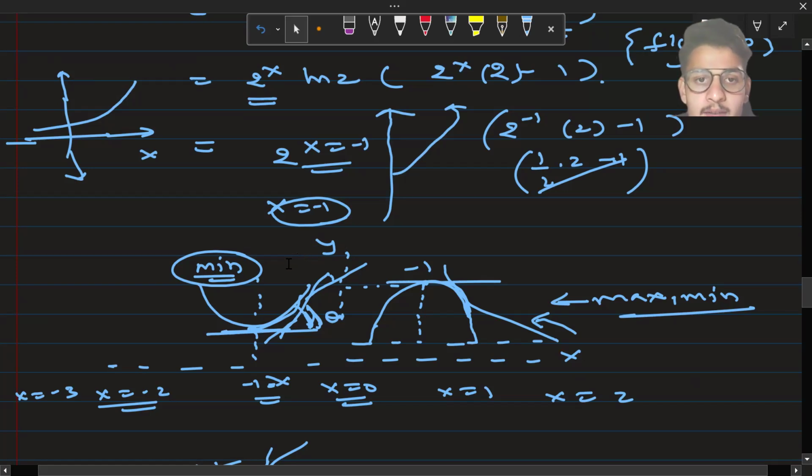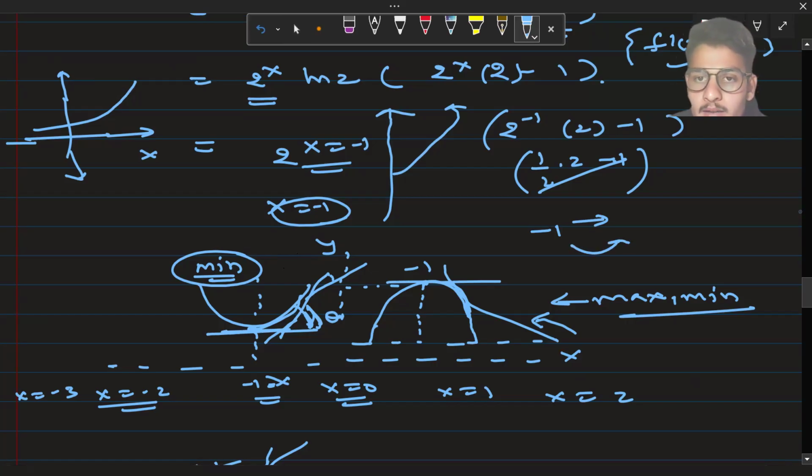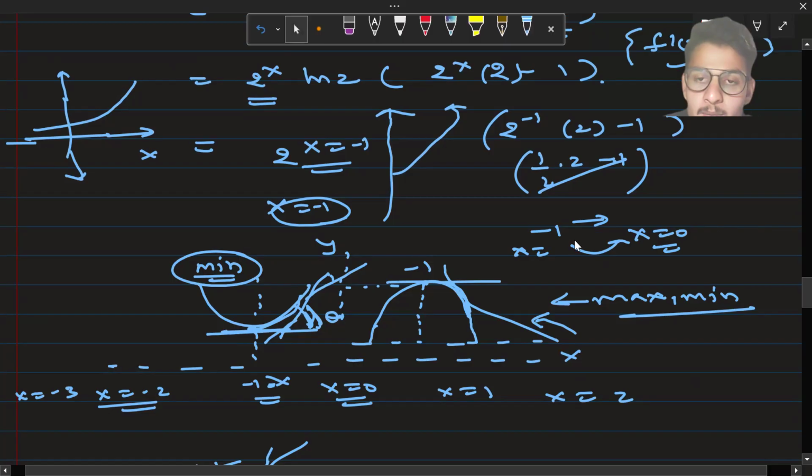So whenever the slope is positive for a value greater than the point x is equal to -1, like x is equal to 0, the slope is greater, which means that it's a minimum condition.